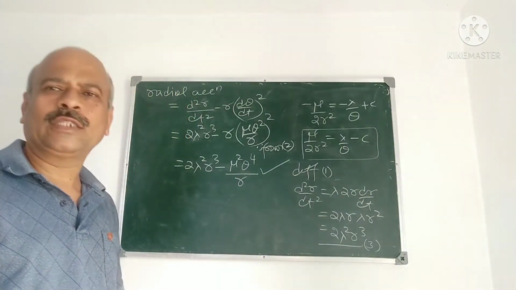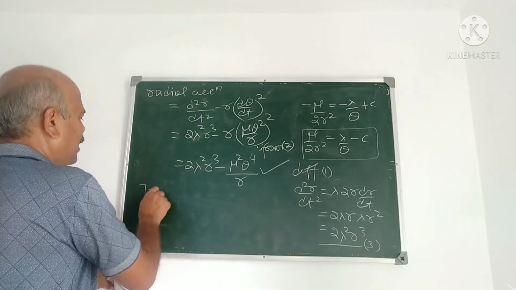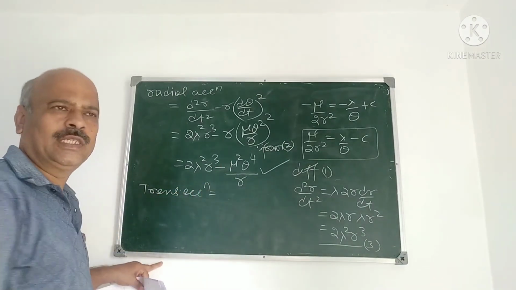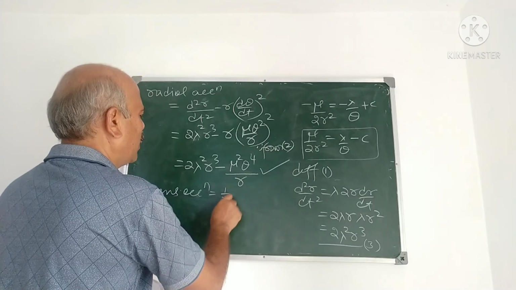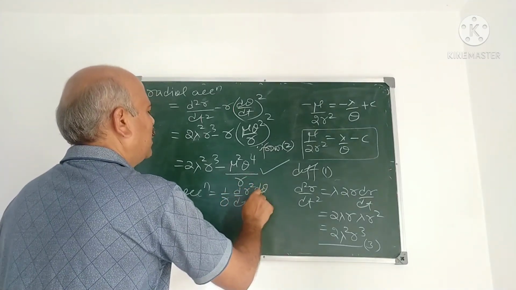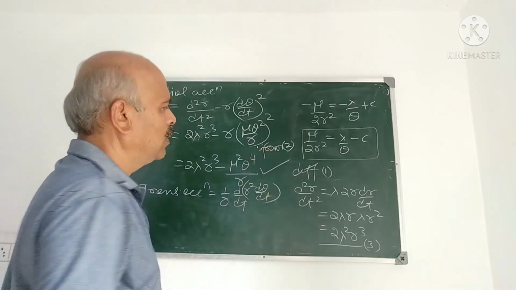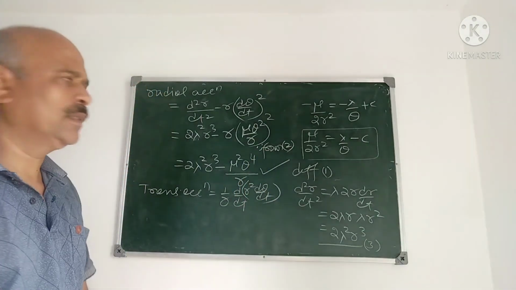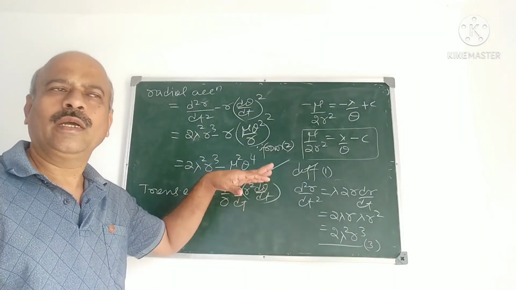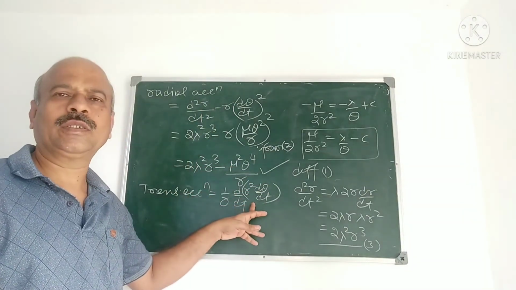Further, you have to find out transverse acceleration. What is the expression for transverse acceleration? It is 1 upon r d by dt of r square d theta by dt. So how important are the formulae? Radial acceleration, transverse acceleration, you have to remember these expressions.